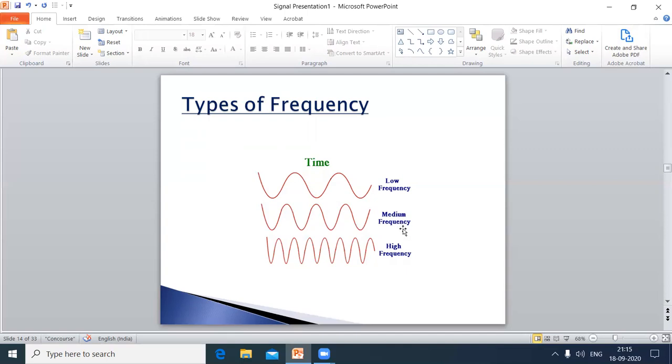In 1 second, from 0 to 1, there is curve 1, period 2, period 3. That means 3 periods. Third one, high frequency. The signal passes rapidly. You count 1, 2, 3, 4, 5, 6. That means a signal repeatedly passes in high frequency.